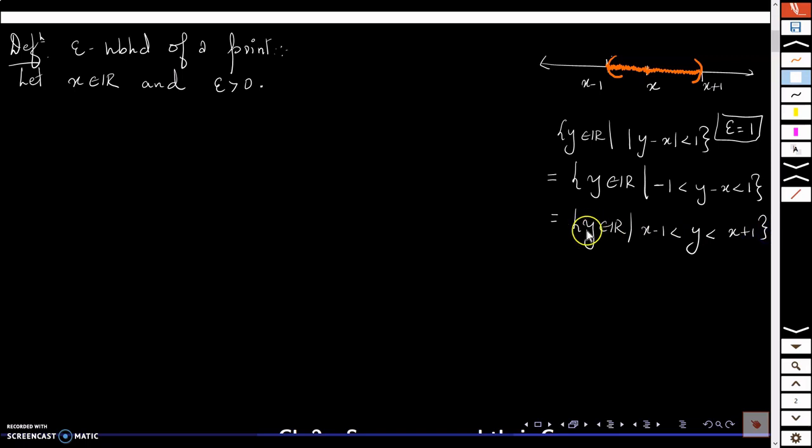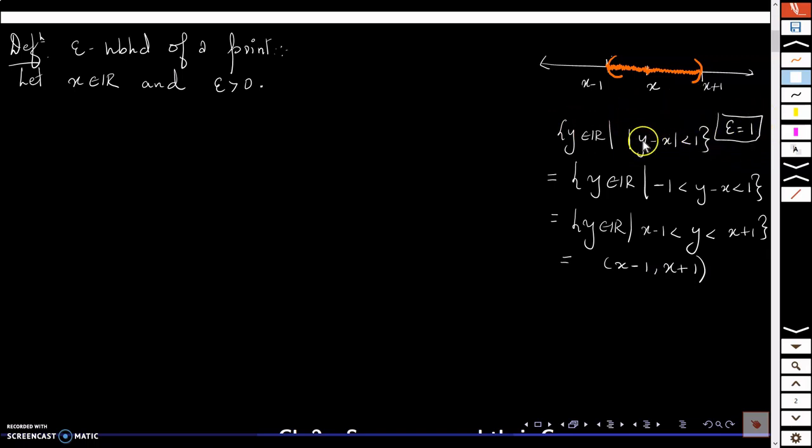So I am looking at all real numbers y which lie between x minus 1 and x plus 1, and that is nothing but the open interval x minus 1 comma x plus 1, right? Now this set is called the 1-neighborhood of the point x.